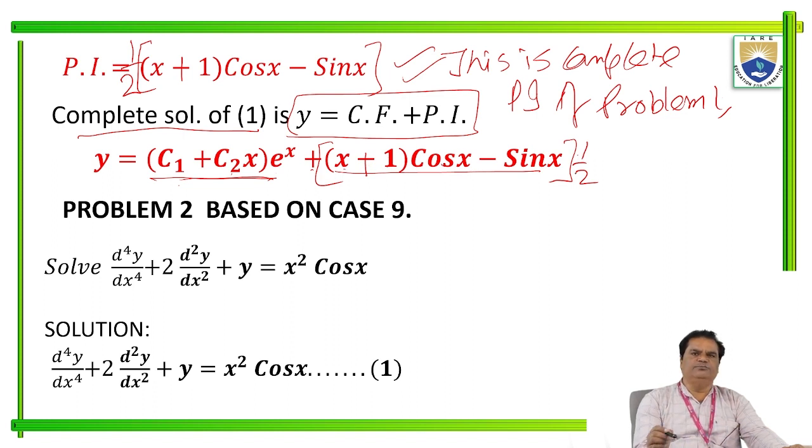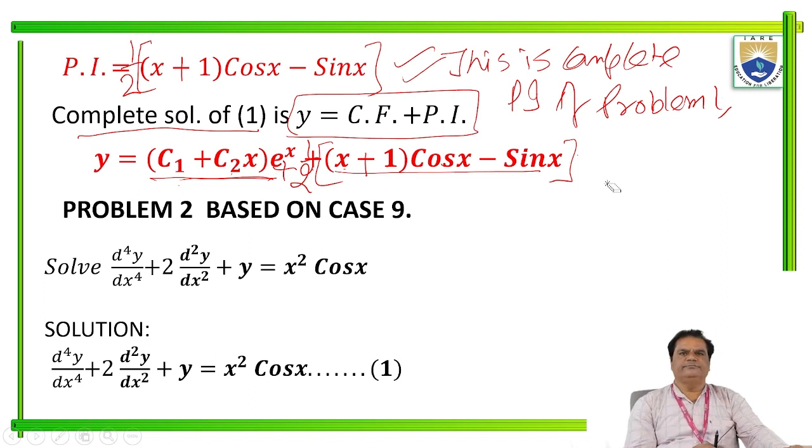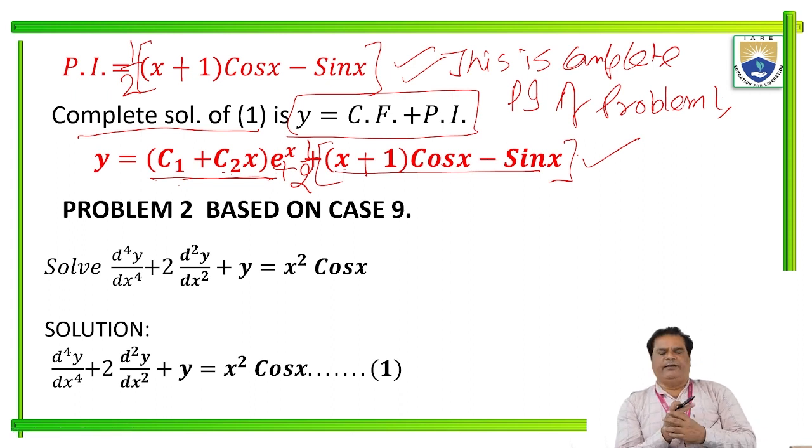The 1 upon 2 is cancelled. Okay, so this is the complete CF plus PI. Now problem 1 is complete in detail.